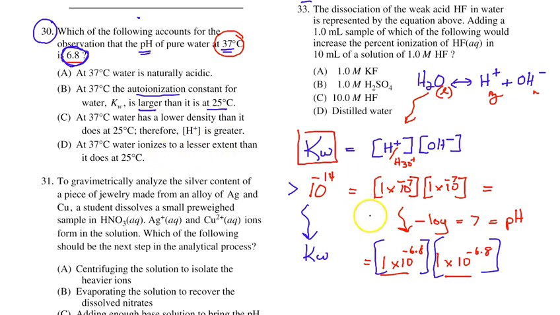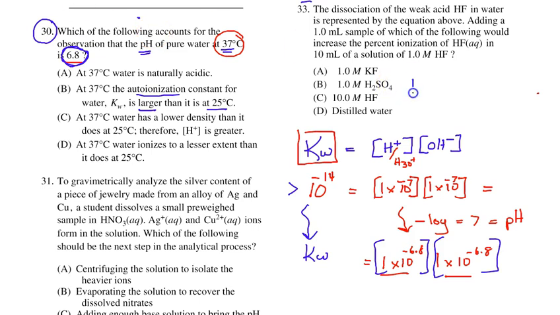Okay, so if you didn't like my explanation, think about the numbers becoming nicer. So let's pretend that the Kw by an increase in temperature is now, let's say, let's make it bigger, not smaller, so let's make it 10 to the negative 12.